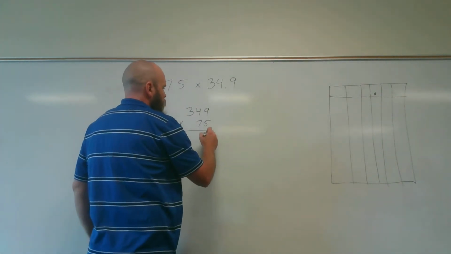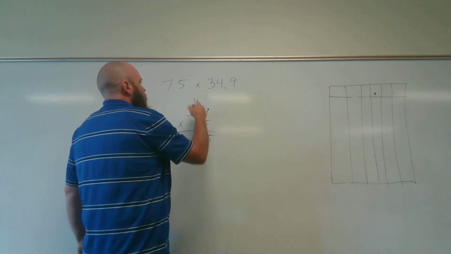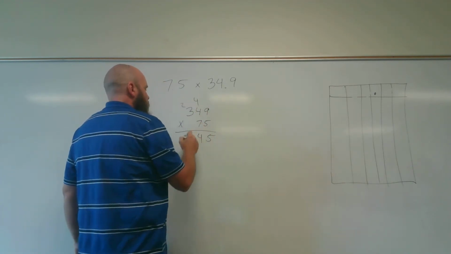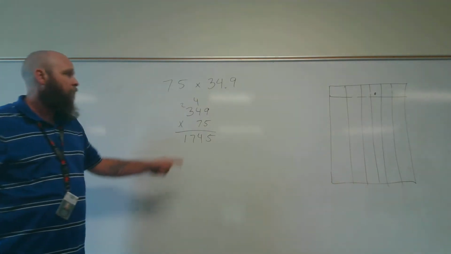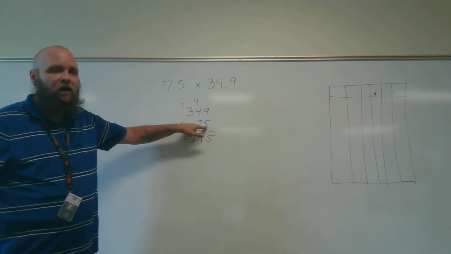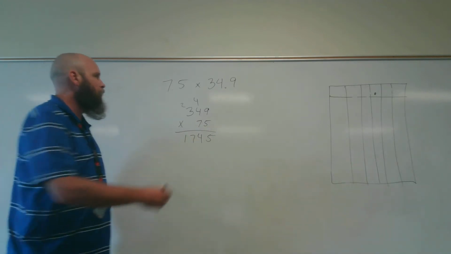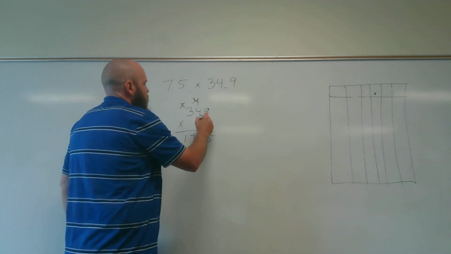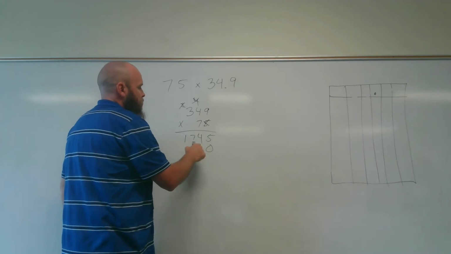9 times 5 is 45, carry the 4. 4 times 5 is 20, plus 4 is 24, carry the 2. 3 times 5 is 15, plus 2 is 17. So the product of 349 and 5 is 1,745. So now we're moving into the tens place.